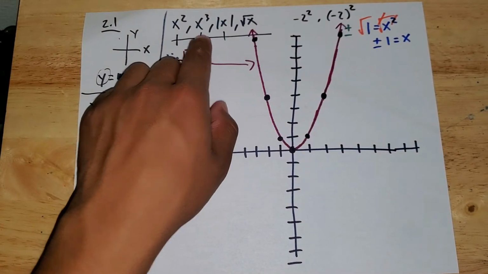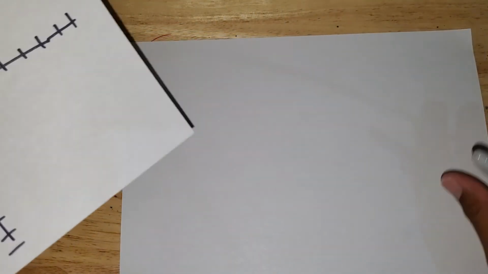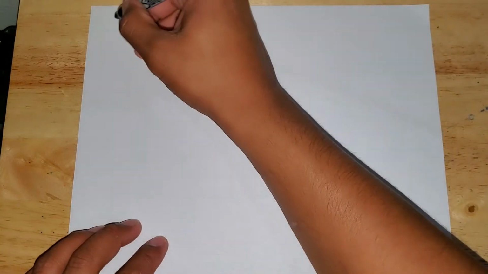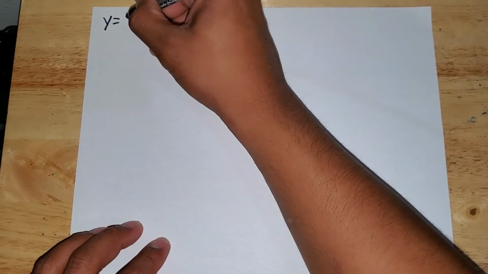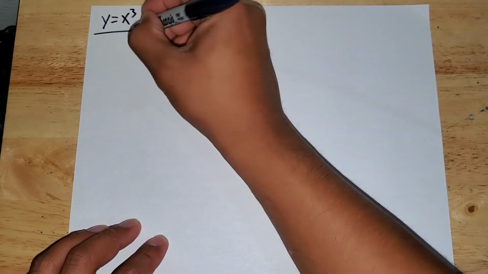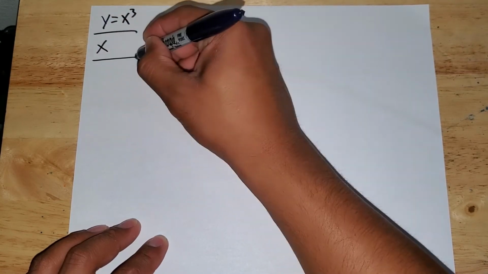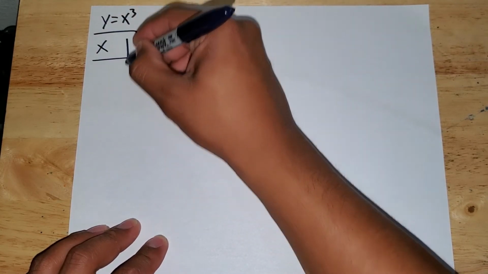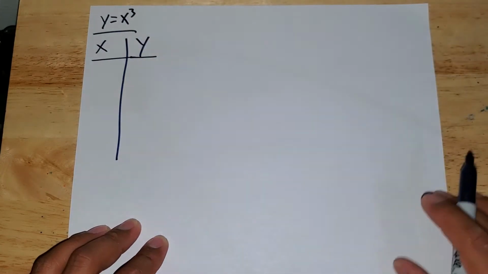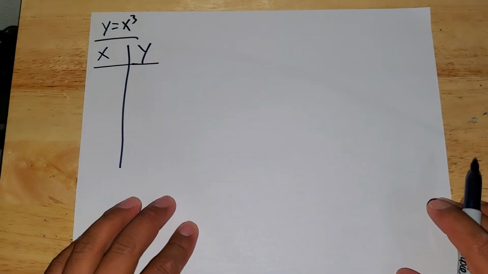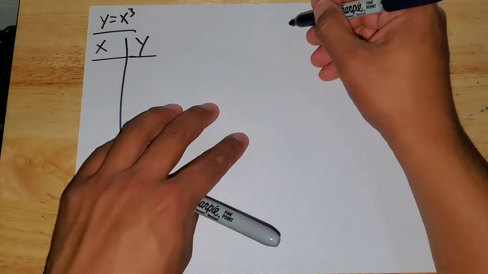Now let's look at x cubed. The same thing. We're going to look at when y is equal to x cubed. But same thing, we're going to have to use an x and y table. And here, let me make my graph for this one.